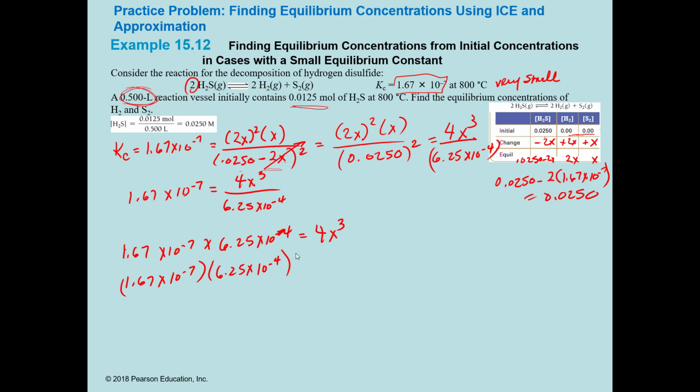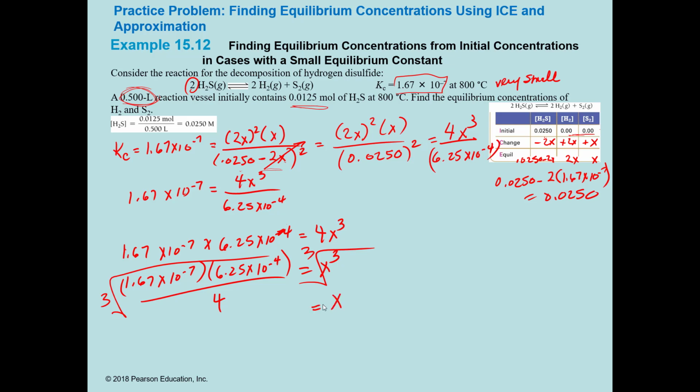So 1.67 times 10 to the minus 7 times 6.25 times 10 to the minus 4, divided by 4, equals x cubed. Now that I've just got x cubed, I can take the cube root of that to make that x, and that'll give me x if I take the cube root of the number side.